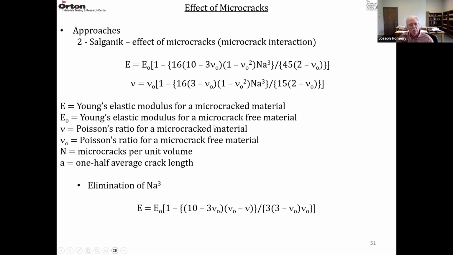It has E0 for a microcrack-free material, nu zero for Poisson's ratio of a microcrack-free material, again N, the microcrack density, and A, the half average crack length, and he also has the equation for nu here, which includes nu zero, N, and A. So if you solve this equation for Na cubed, you can write an equation for E just in terms of nu zero and nu.